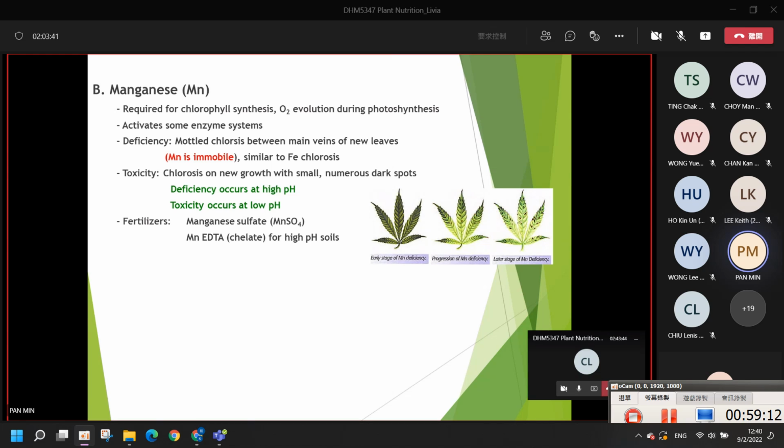It appears as interveinal chlorosis on the young leaves, and sometimes tan sunken spots appear in the chlorotic area between the veins. Plant growth may also be reduced and stunted.